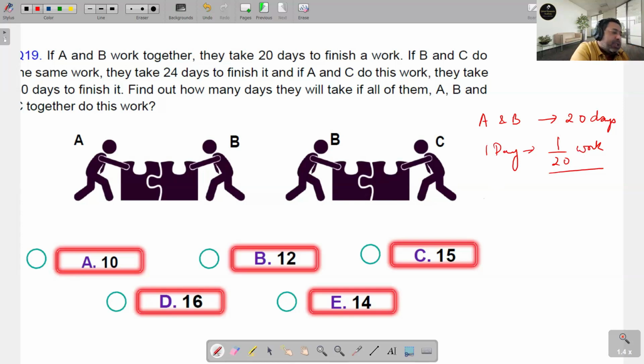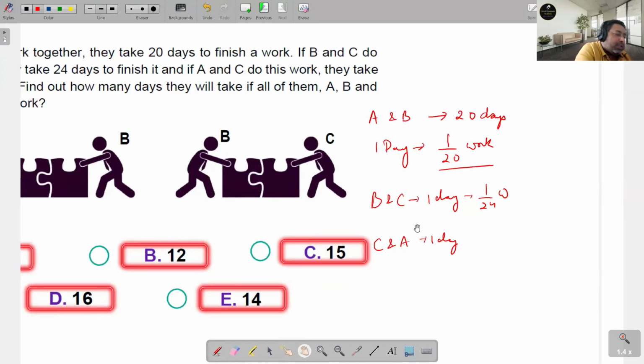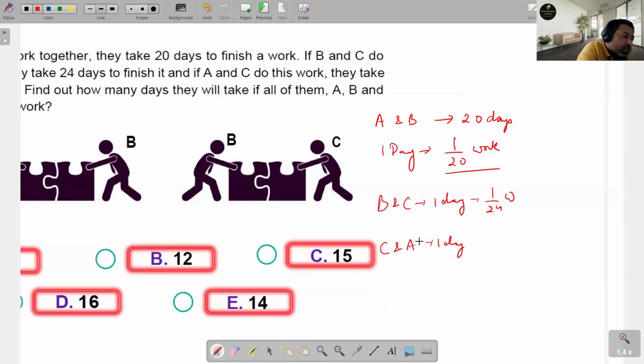Similarly, for B and C, in one day they will do 1 by 24 work. And similarly, C and A in one day will do, let me see what is the number here, it is 30, 1 by 30 of the work.